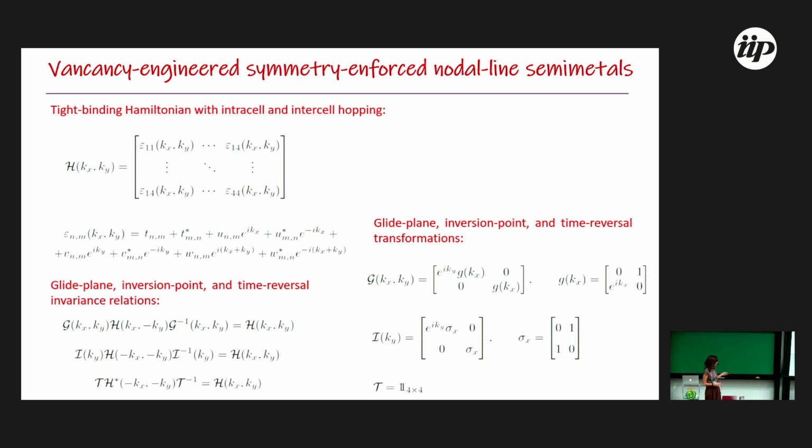But what I'm saying is that if you have these symmetries, whatever more complicated matrix and Hamiltonian you have, because you have a much larger unit cell, then I guarantee this gives you these symmetry-enforced nodal lines. Actually, I'm telling you a bit more because of these accidental nodal lines, which are actually more robust than they should be, but this is a bit off topic. I want to focus on the symmetry-enforced nodal lines. So. Thank you.